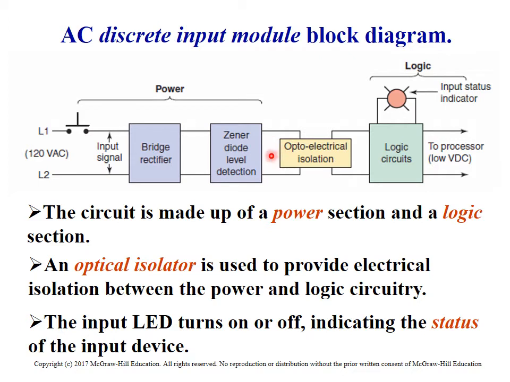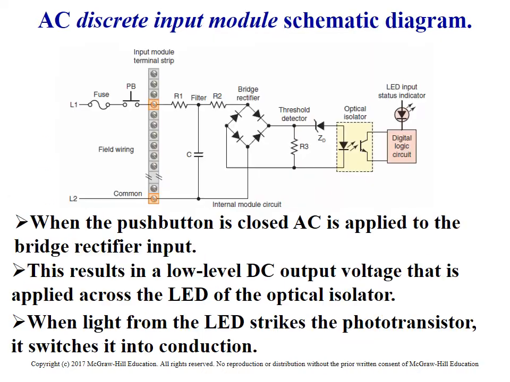It basically is optically isolated. When you see power here, it turns on an LED. That LED transfers light to a transistor, and when it sees that light come on, it closes this contact on this side, allowing the contact in the processor to turn that bit on. Essentially that is how it works.